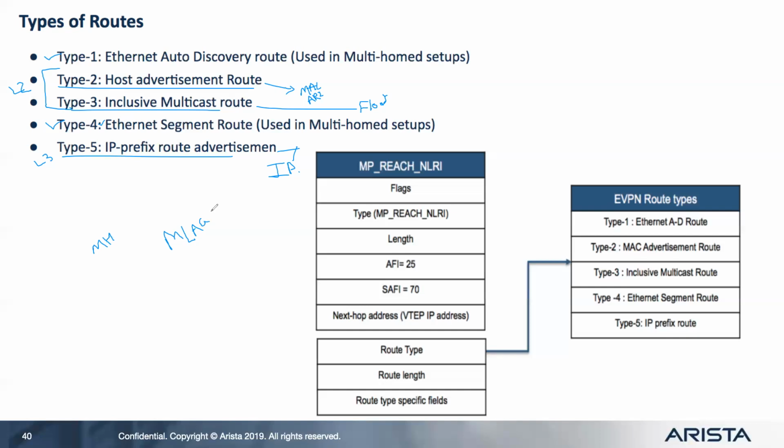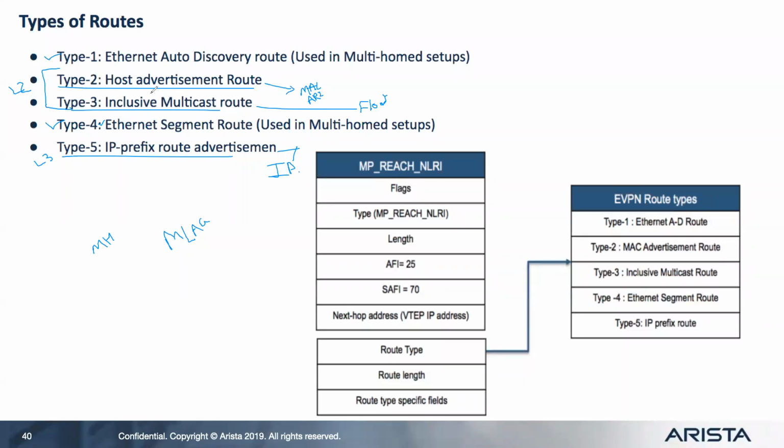Only in that case do we need type 1 and 4, and that is generally with MPLS. With VXLAN, we will generally have MLAG because we have Arista devices and can form MLAG, so we don't need type 1 and 4.